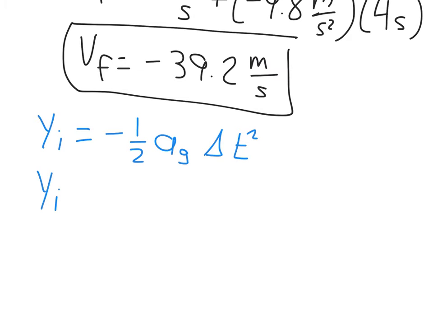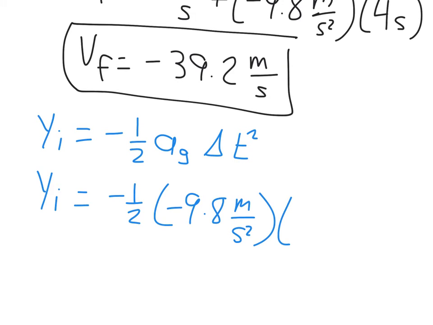So the initial height is equal to the negative half, again, of negative 9.8 meters per square second times the time interval, that is 4 seconds squared. So this is 78.4.